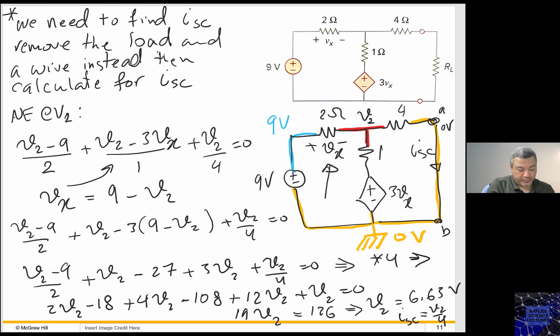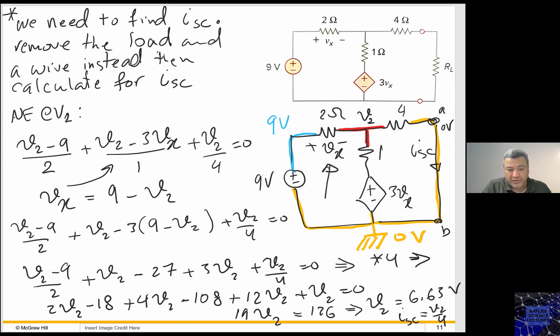So we basically created another circuit to create a short circuit. Absolutely. It is a completely new circuit. Once you do any physical modification to it, it will be completely new. So the Vx is not the same. Vx here is not the same. I always try to distinguish this Vx because now it's different.